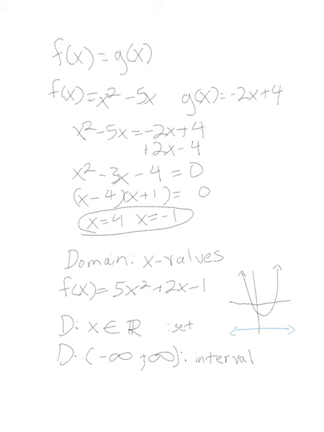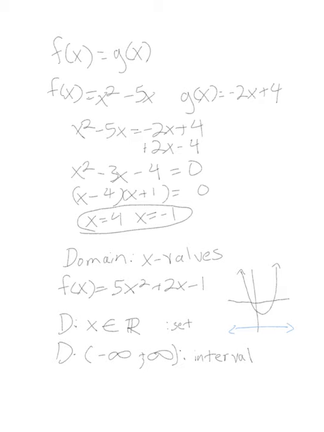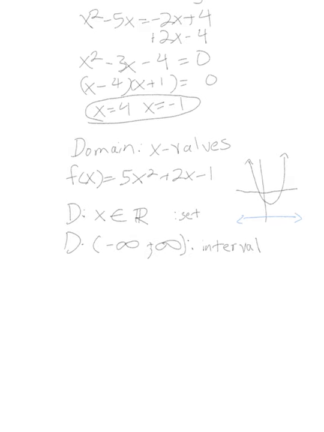Let's try another function and talk about domain in that function. Let's say h of t, our function h of t equals 4 over t. As we know, t cannot equal 0 because we cannot divide anything by 0.